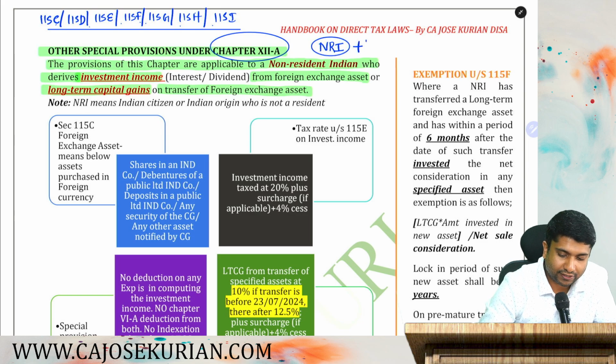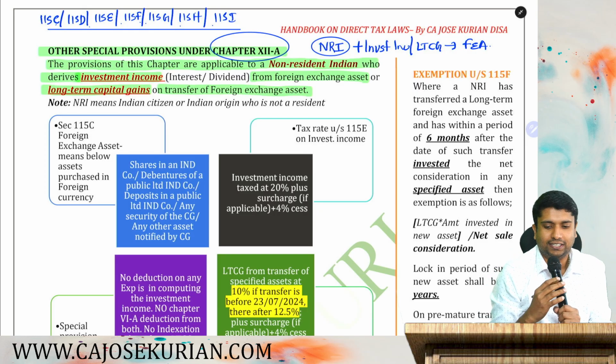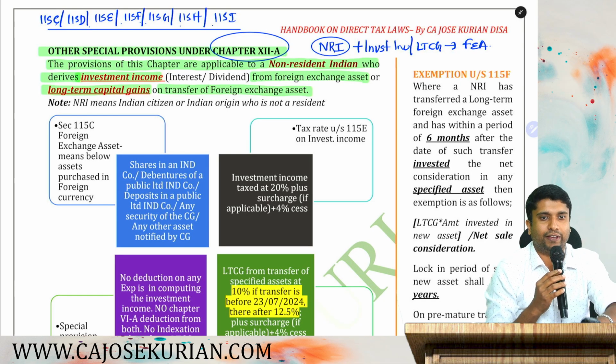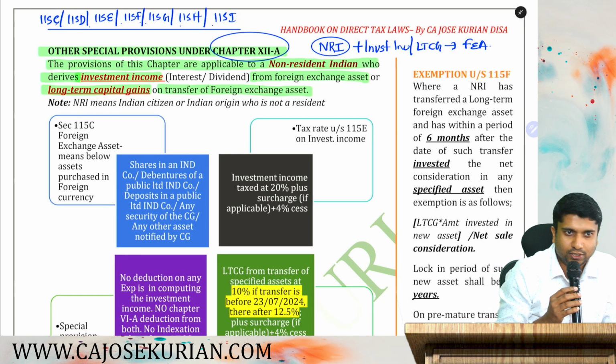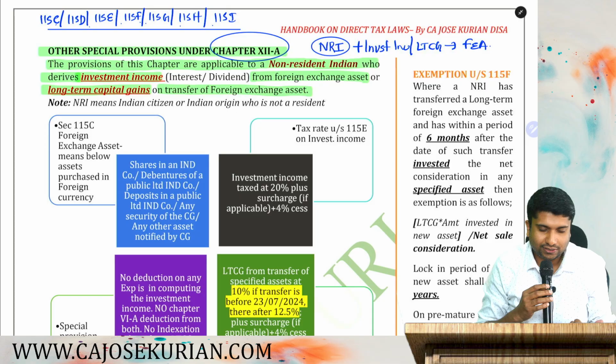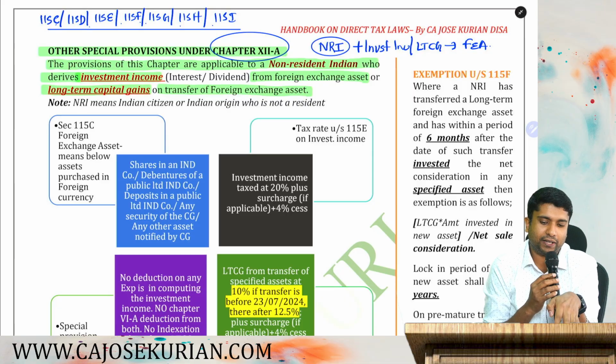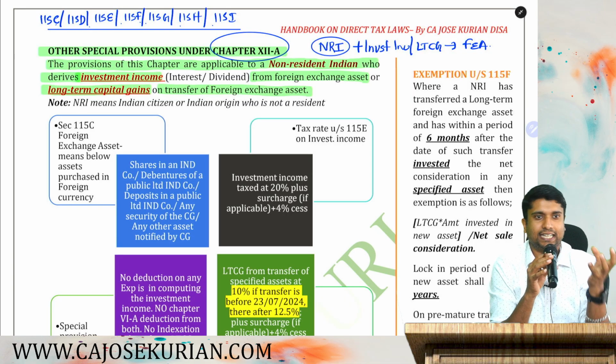Plus, you should have investment income or long-term capital gain from foreign exchange asset. If you are satisfying these conditions, then only refer chapter 12A. Otherwise, you don't have to refer chapter 12A.